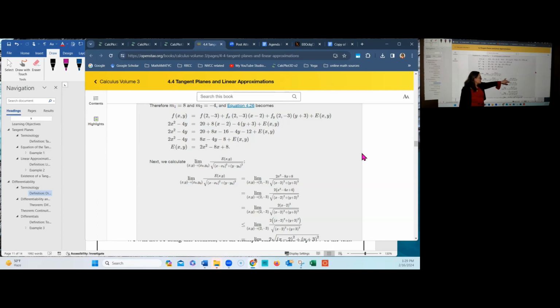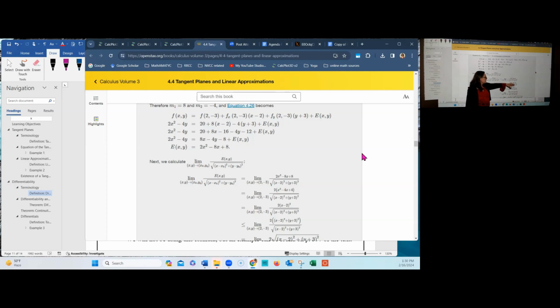So we're looking at the limit as x, y, some arbitrary value, hopefully in a delta disk nearby, approaches 2, -3 of the error function 2x squared minus 8x plus 8 divided by the distance between x, y, and the ordered pair 2, -3. The next part, of course, mostly involves algebra, going ahead and simplifying the different pieces.